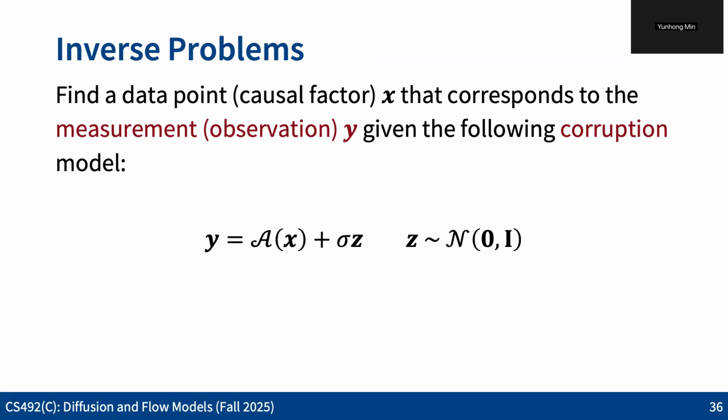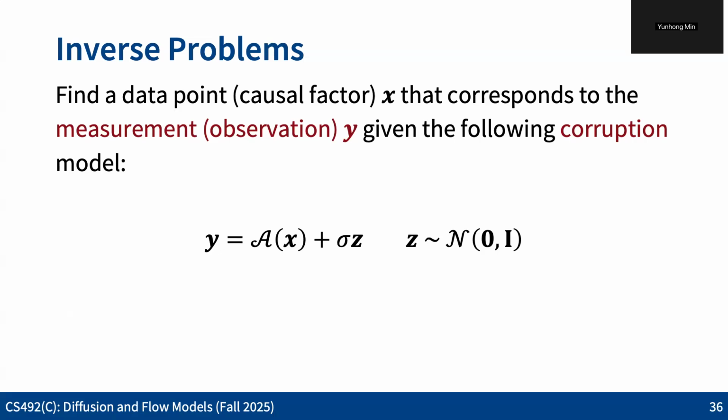So what we know is the function A and the observation Y. And given the observation Y, how can you get a plausible output X? One of the plausible outputs. As I said, typically this function A is not invertible, which means that there can be multiple possible X given Y. So you can see that this is actually a conditional generation problem, right?